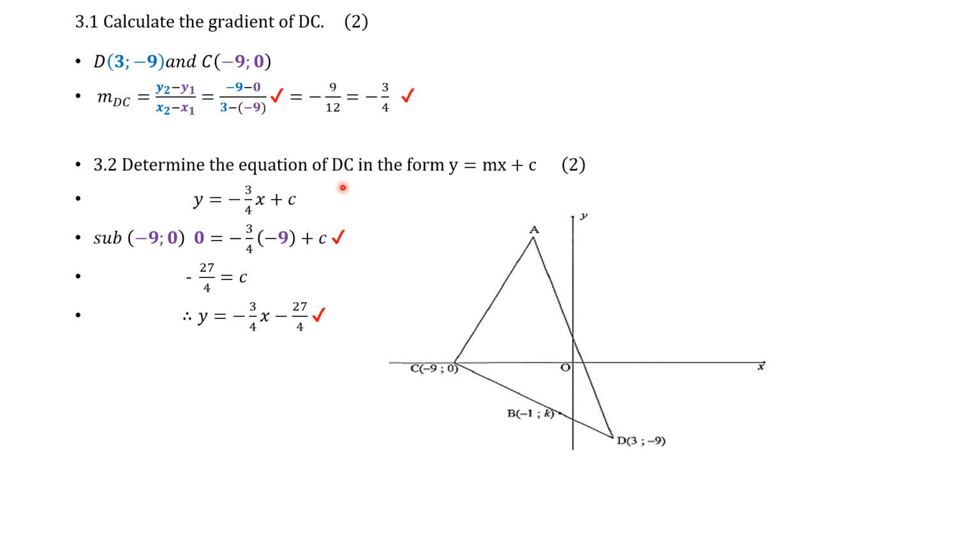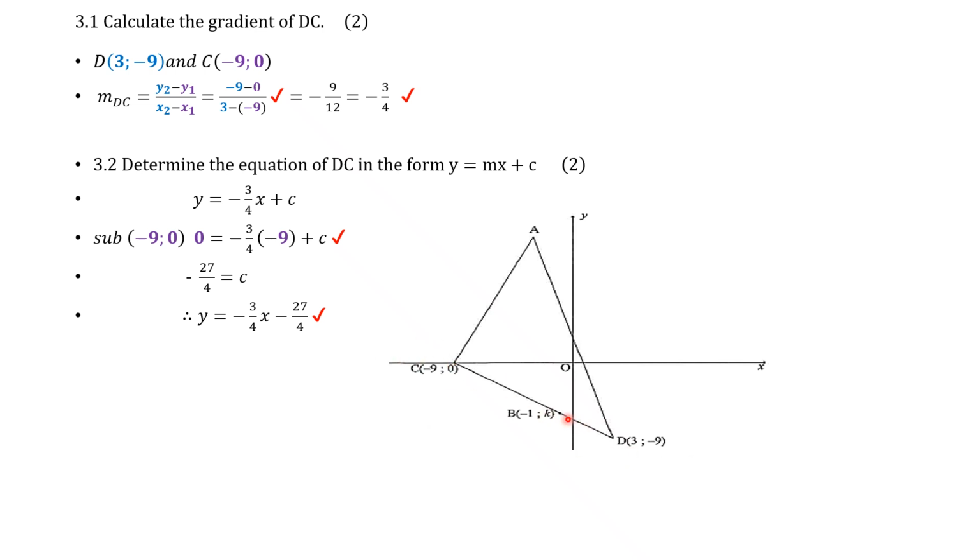3.2, determine the equation of DC in the form y equal mx plus c. So we already have the gradient there from the top, so m there becomes -3 over 4, so y equals -3 over 4x plus c. Right, on the line DC, I have the coordinates of C and D. I can choose any one of the two to substitute in to find the c value.